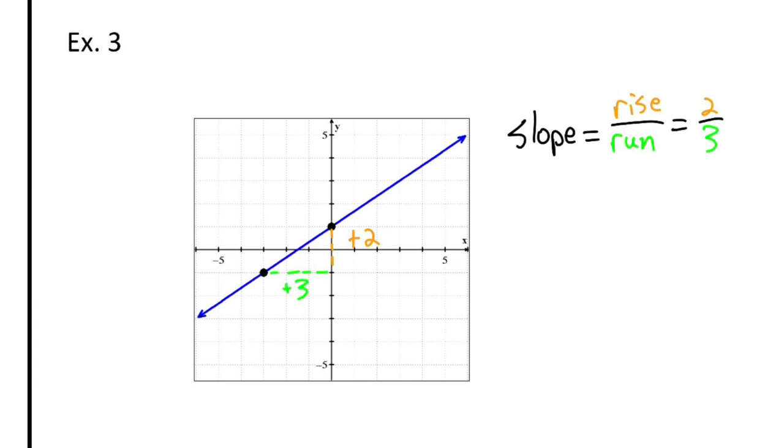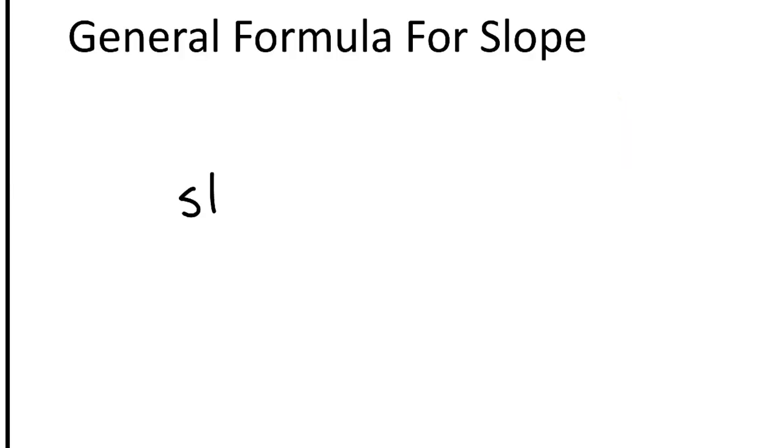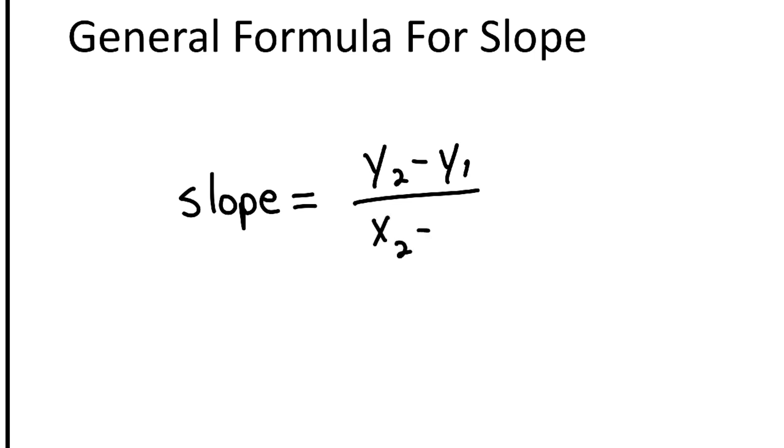However, if we're just given 2 points without a graph and asked to find the slope, or the equation that represents the line, we can use the general formula for slope. Slope equals y2 minus y1 over x2 minus x1. And that is equal to, remember, the rise over the run.